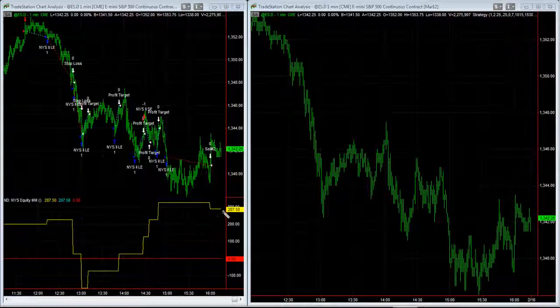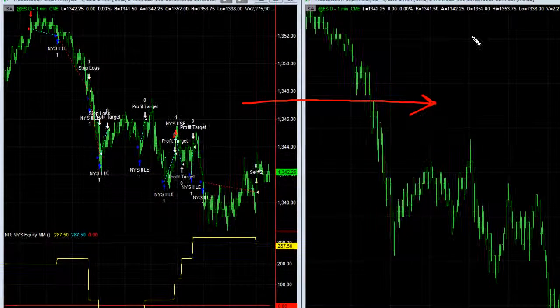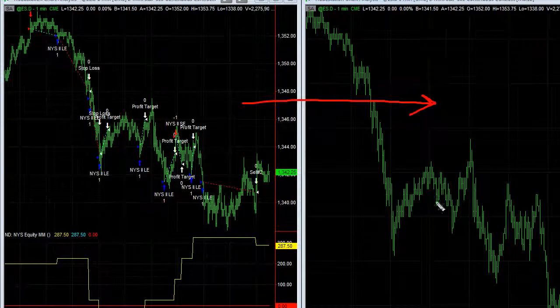And the first tick of tomorrow will go back to 0. But it made 287.50 on all these trades with no slippage or commission, and so then it sends this data over to this window, and then this window picks it up and it trades off this data.